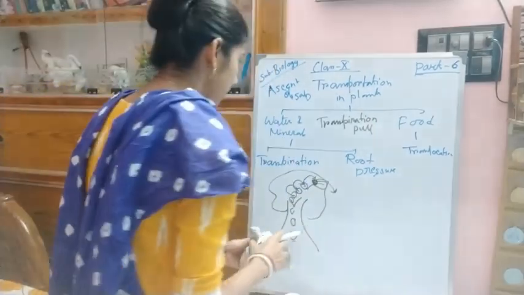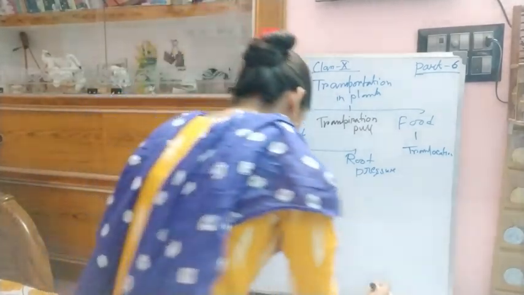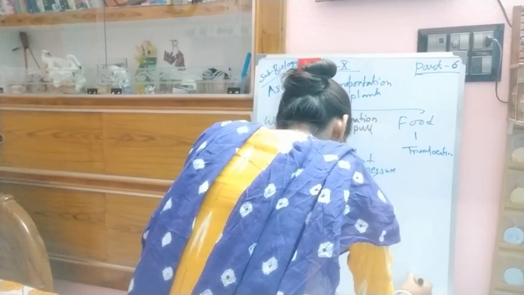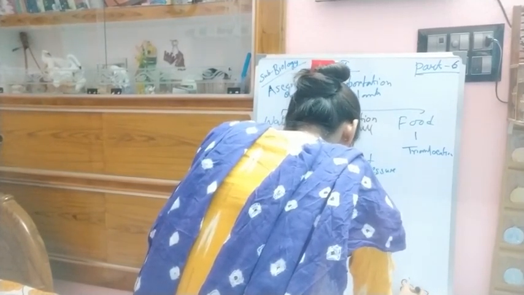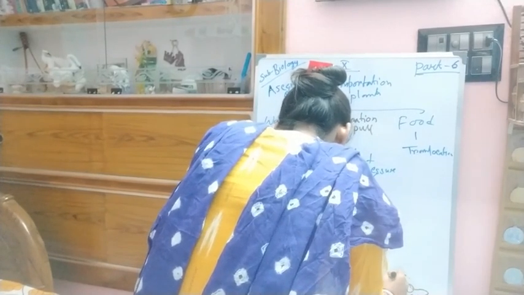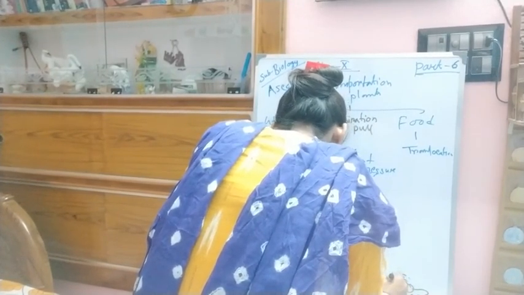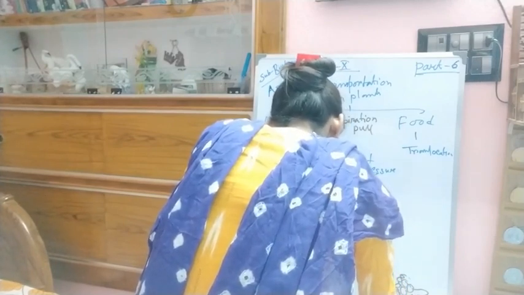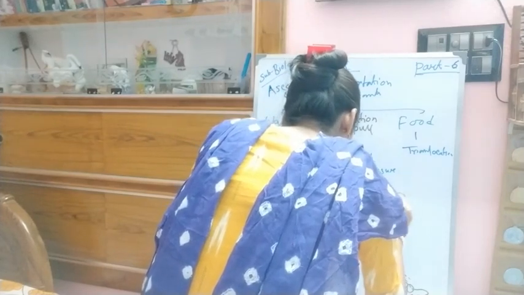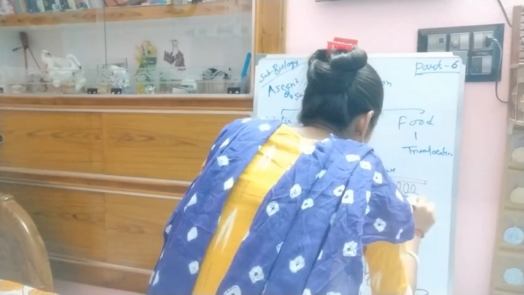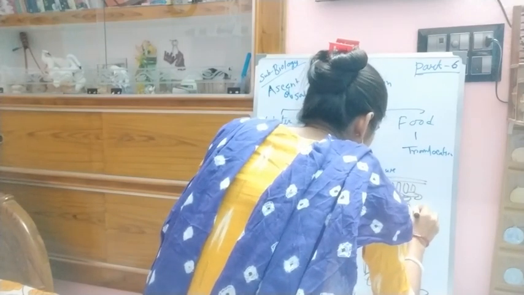I am drawing a rough diagram. Look, these are the mesophyll cells in the leaf.